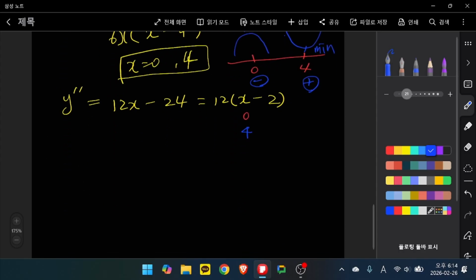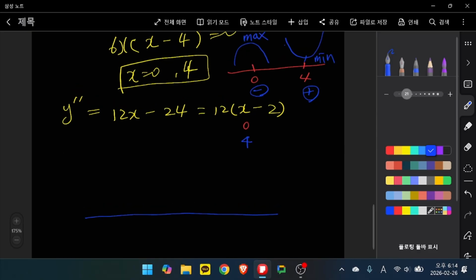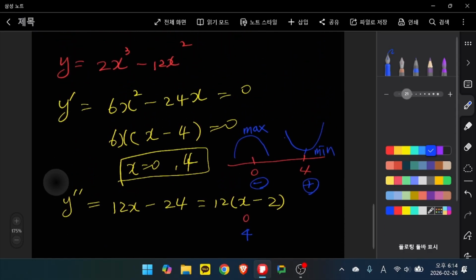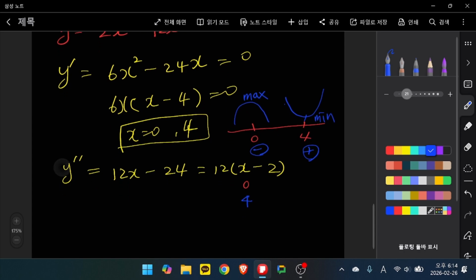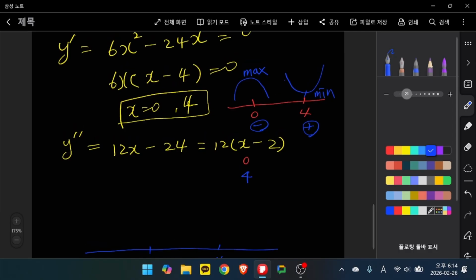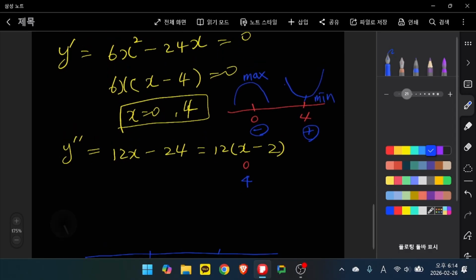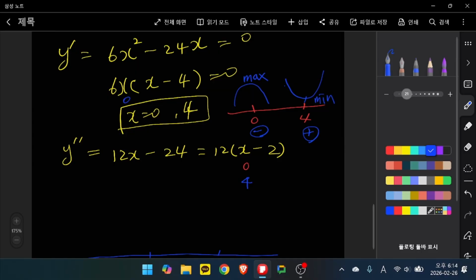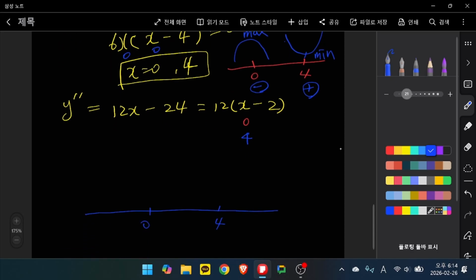And we can also check by drawing a sign chart. The first derivative, if I plug in 0 to the first derivative, it is 0.